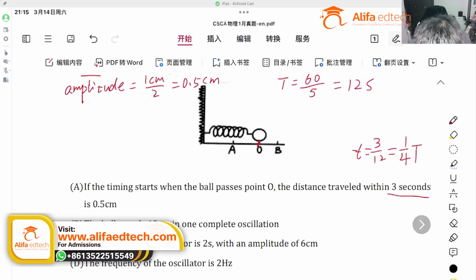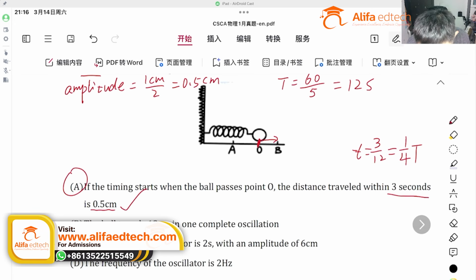So the ball moves from O to B. The distance is 0.5. It's right. Okay, so the answer is A.